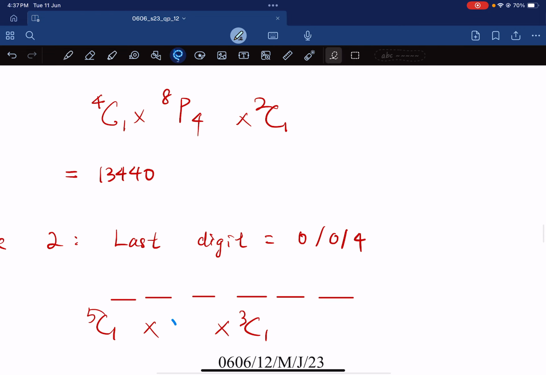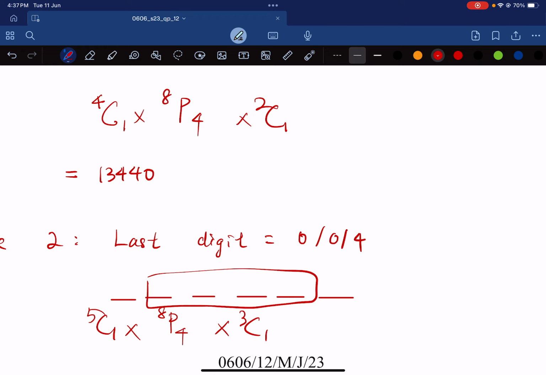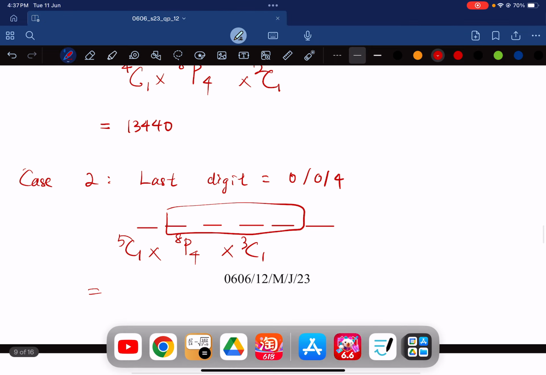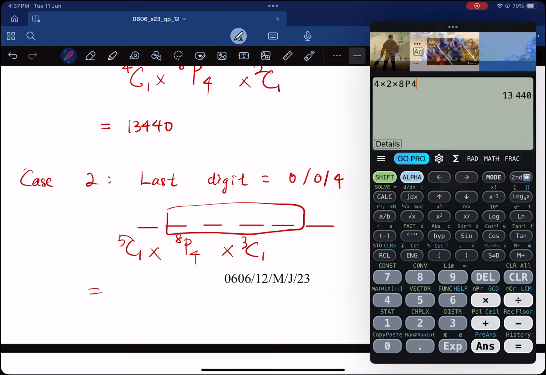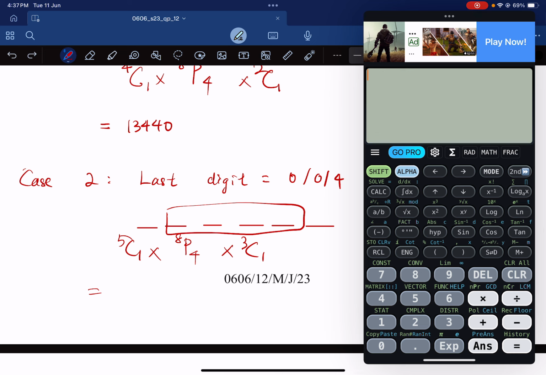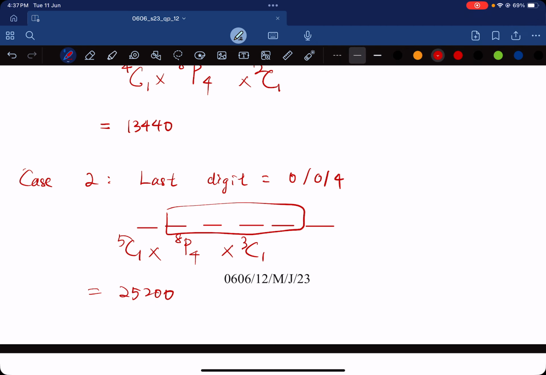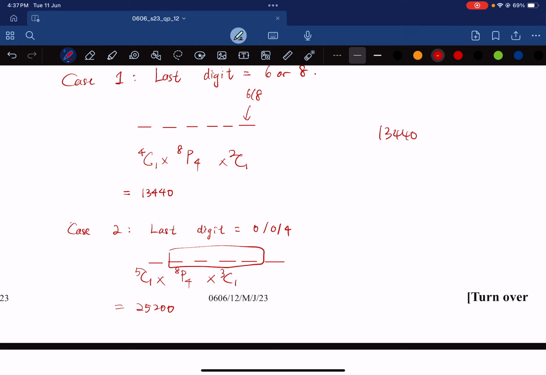We have chosen 2, so we have 8 remaining. Out of the 8 remaining, we choose the middle 4. Now the middle one should be P, order does matter. So it's 5 times 3 times 8P4, which is 25200. So add them up: 13440 plus 25200 is 38640.